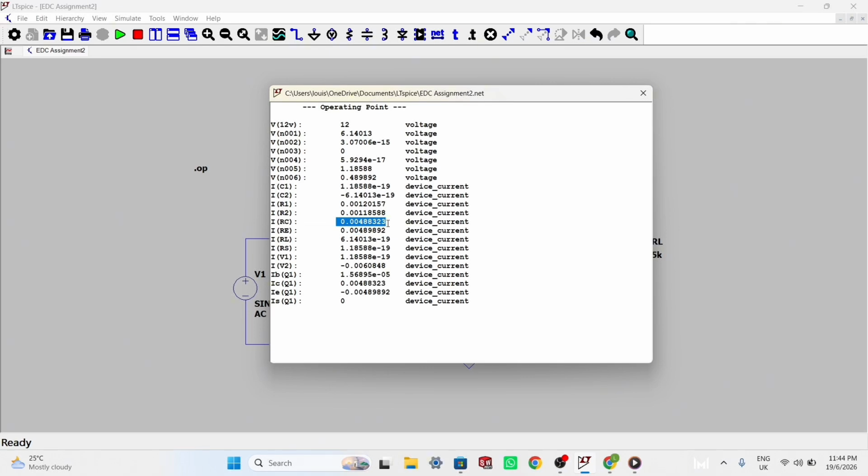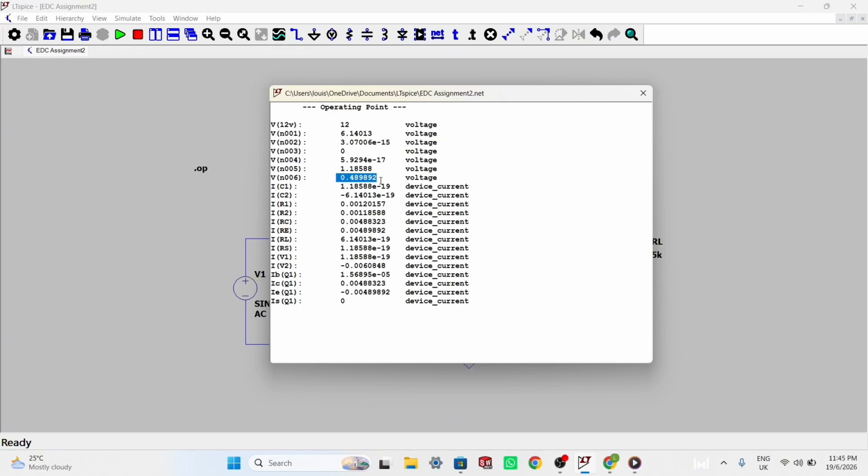To find my collector emitter voltage, I subtract the emitter voltage of 0.48 from the collector voltage of 6.14 volts, which gives us a VCEQ of 5.65 volts.